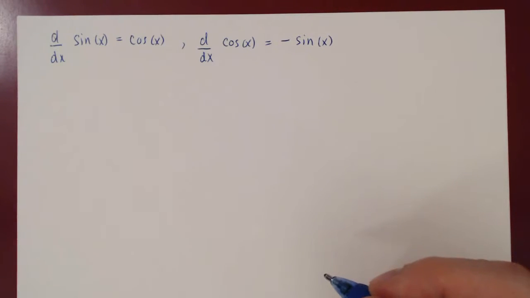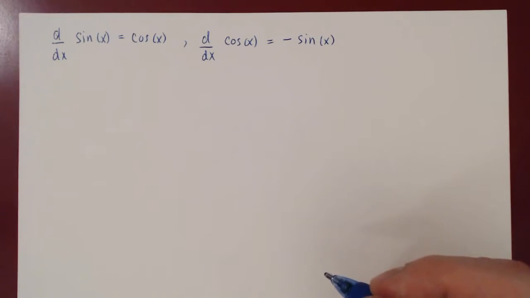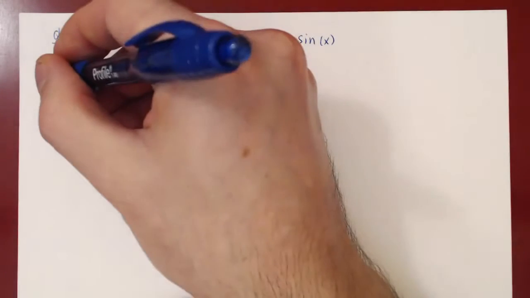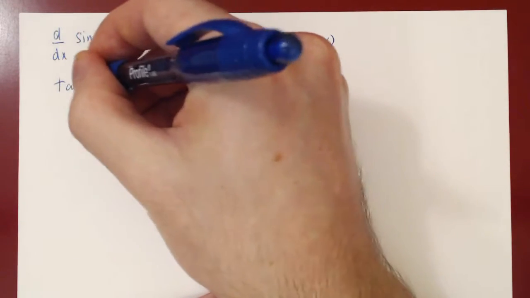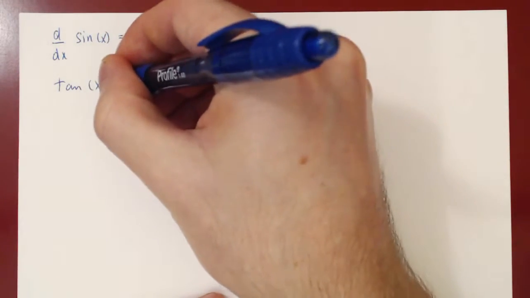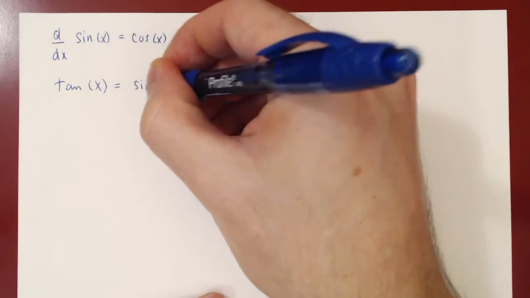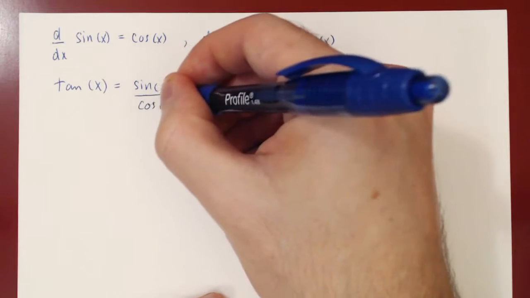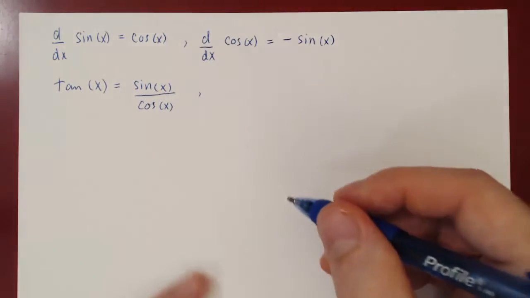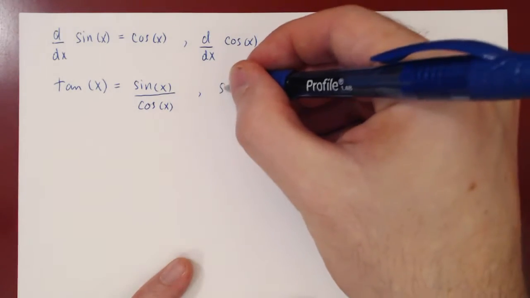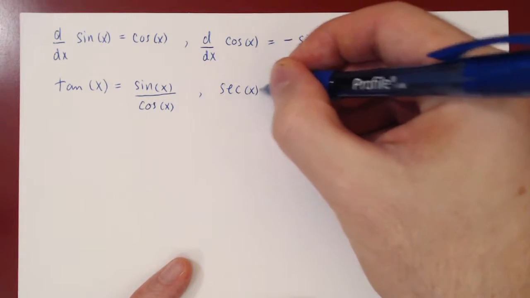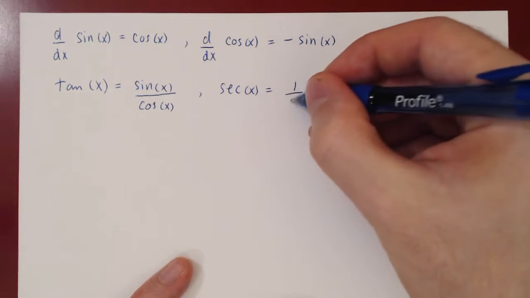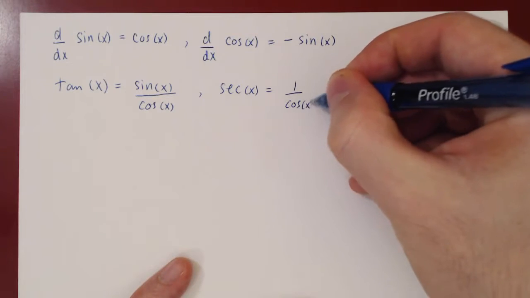Suppose we now wanted the derivative of the other trigonometric functions. Well, remember that tan of x is given by sine of x over cos of x. We have secant of x, which we write as SEC, and secant is 1 over cos of x.